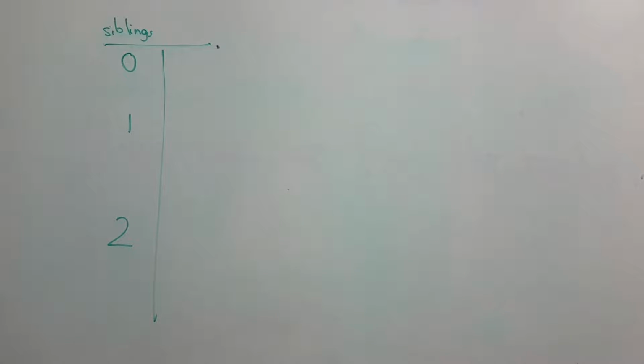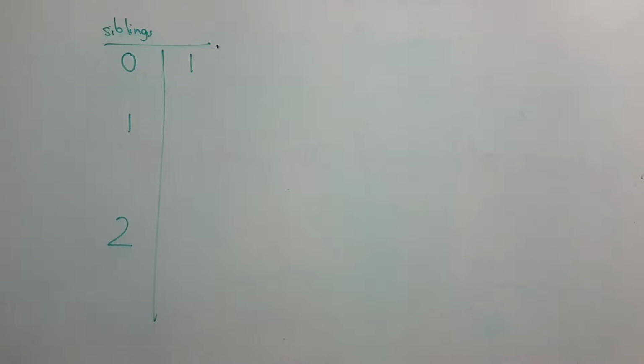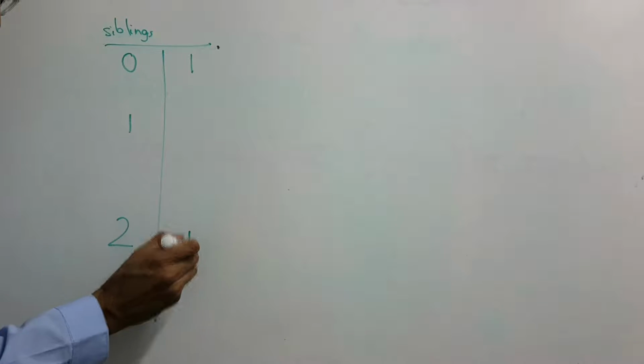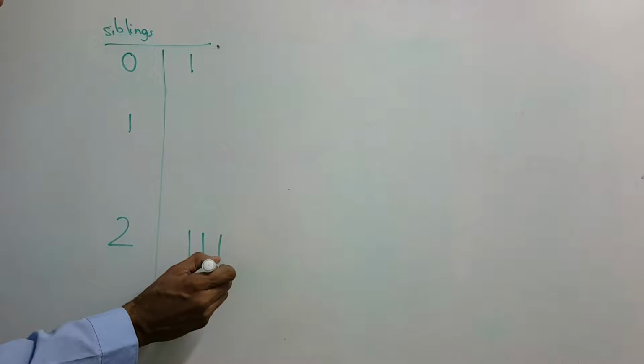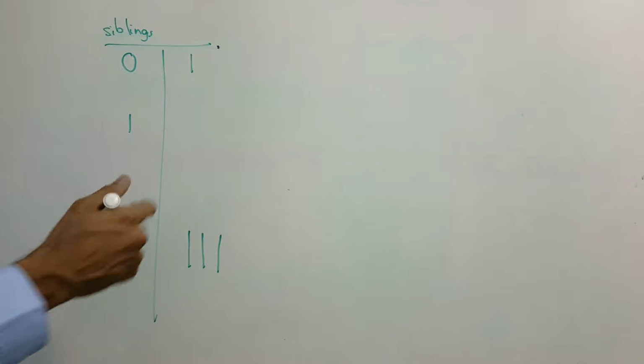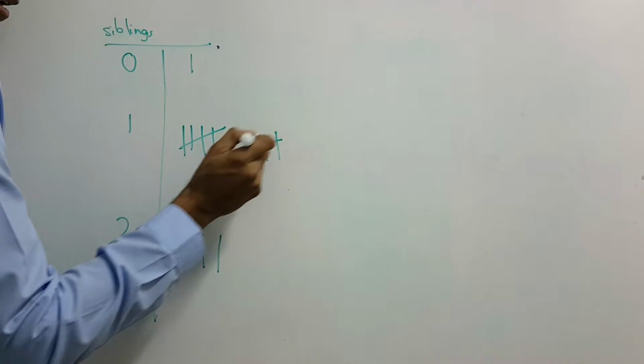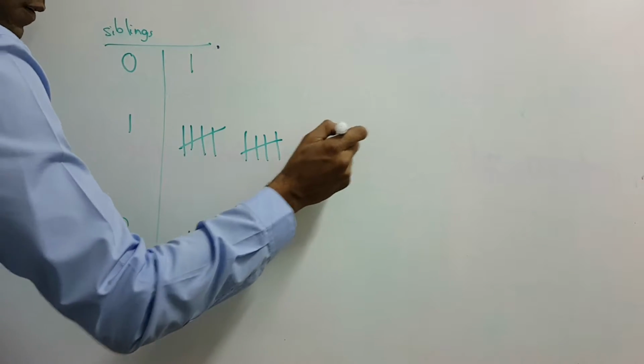For instance, Luca Miranda has 0 siblings. But Emily, Alice, and Guy have 2 siblings. So I'll put a tally for Emily, a tally for Alice, a tally for Guy. And about 15 students only have 1 sibling. 1, 2, 3, 4, 5, 6, 7, 8, 9, 10, 11, 12, 13, 14, 15.